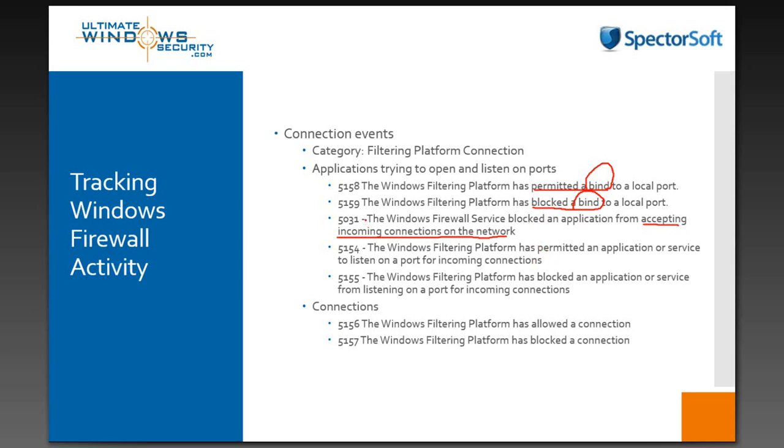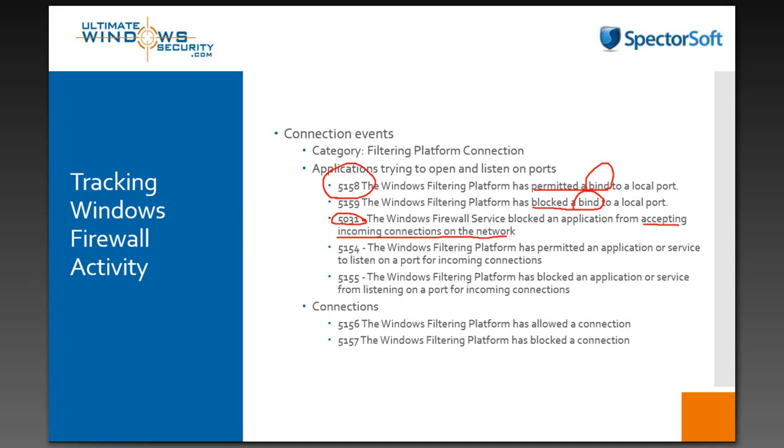But the interesting thing is you're not going to see 5131s very often. Why not? Because you can't start accepting incoming connections on a port until you have first bound to it. So if you want to be able to see what are my programs that are being blocked from listening for inbound connections, this is the event to look for, 5158.